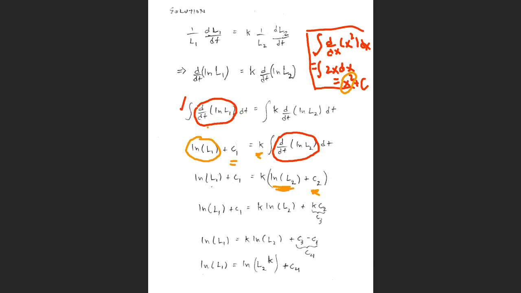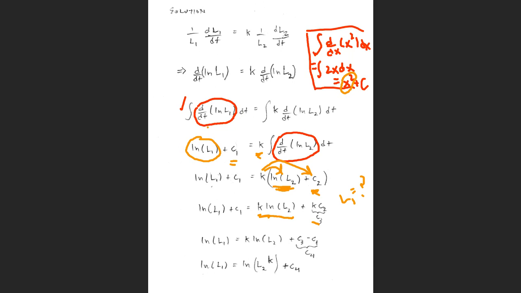Now we want to eventually find out what L1 is, so we have a little bit of algebra here. I'm going to distribute the constant k to both those terms. That'll give me little k times the natural log of L2 plus little k times C2, which I'll call C3.